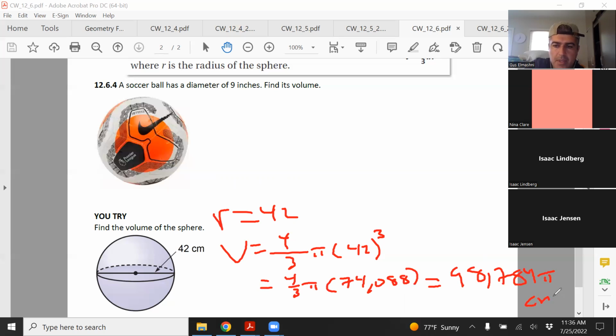And that's cubic centimeters. That's all. So pretty straightforward, not too hard. Any questions?